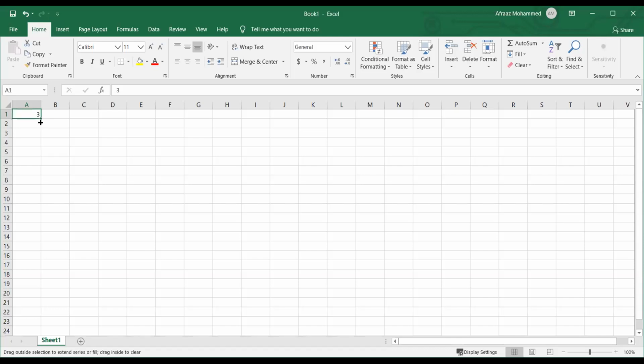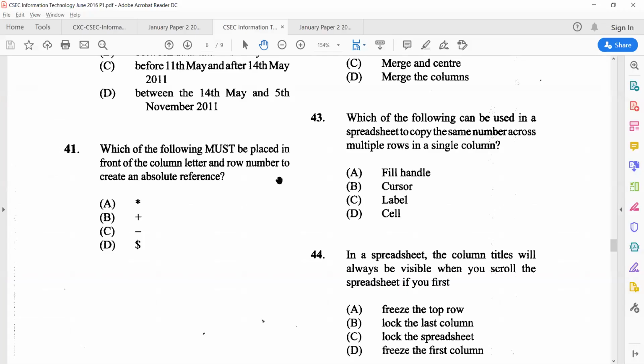And if you pull this down, you're achieving what the question asks, right? When it reaches this state, you call that the fill handle. All right, let's get back to this. Okay, so the answer to 43 is E, fill handle.